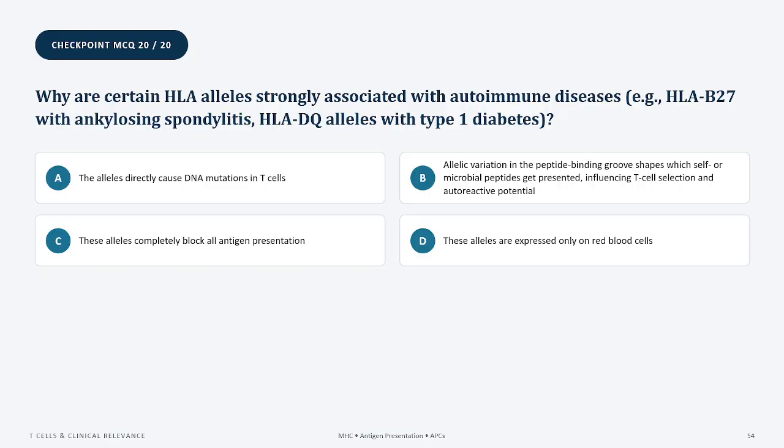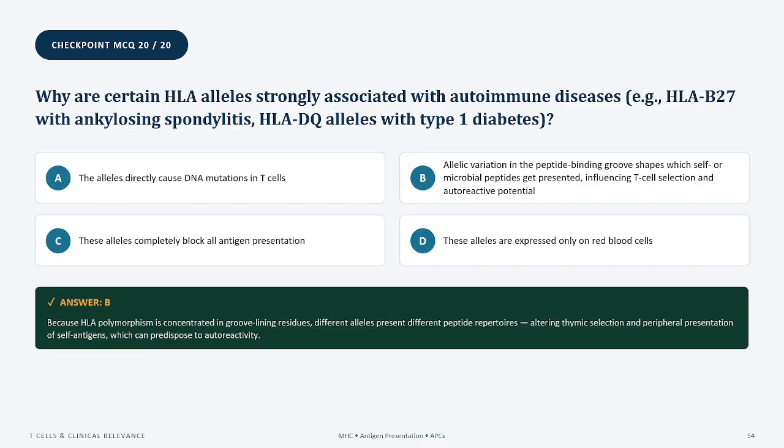Now this structural change alters which specific peptides, either from foreign microbes or its own tissues, are displayed to the T cells. So if an HLA variant accidentally presents a self-peptide that looks like a foreign threat, it activates an autoreactive T cell, triggering autoimmune diseases like ankylosing spondylitis or type 1 diabetes, things like that.